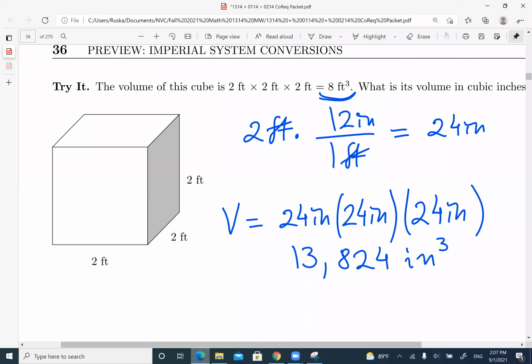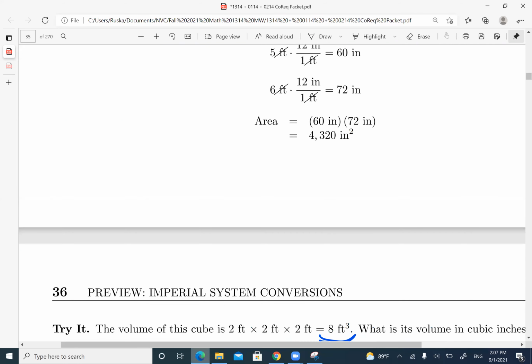Why did you set it up like that? That's the only thing I'm confused about. Which one? The 2 feet and then the 12 over the 1. Like, why is it set up that way? Yes, because you want to cancel feet and feet. Okay, because you want to cancel the old unit, and you know that 1 foot is 12 inches. So you change it, see the way you did it over here, the same way.